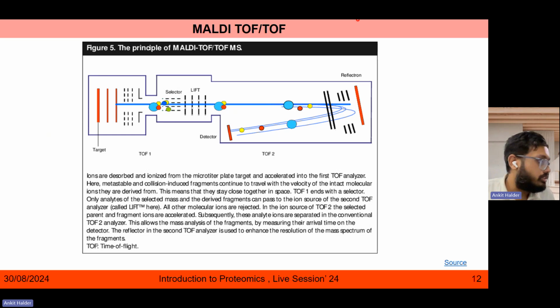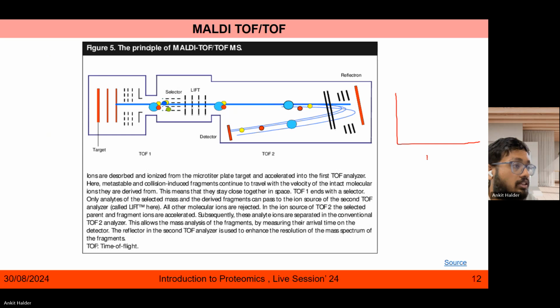So if we talk about it in the graphical sense, from the mass spectrum, this is your abundance, the relative abundance.